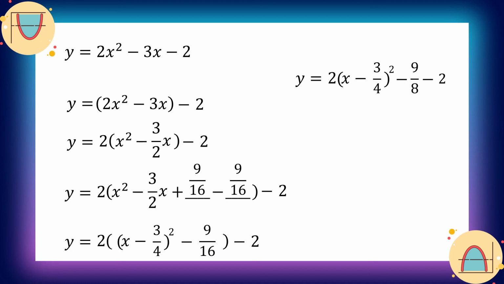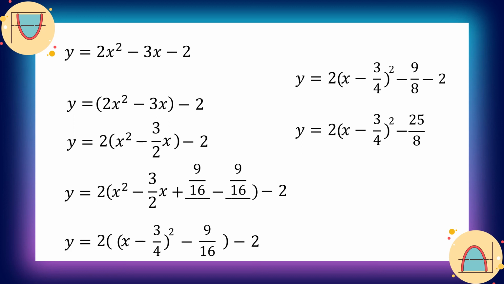Now let's combine similar terms. So negative 9 over 8 minus 2 is equal to negative 25 over 8. Then we copy y equals 2 times the square of the difference of x and 3/4, minus 25 over 8. So this is the vertex form of our given function.